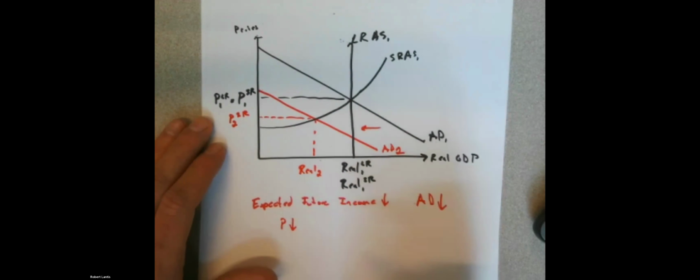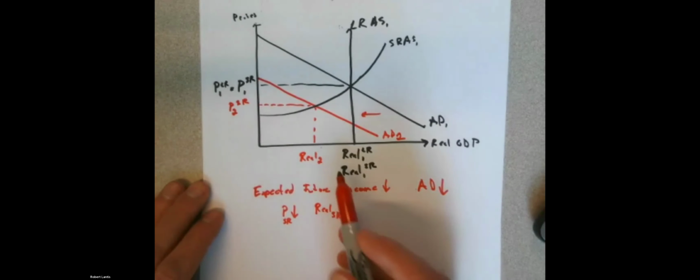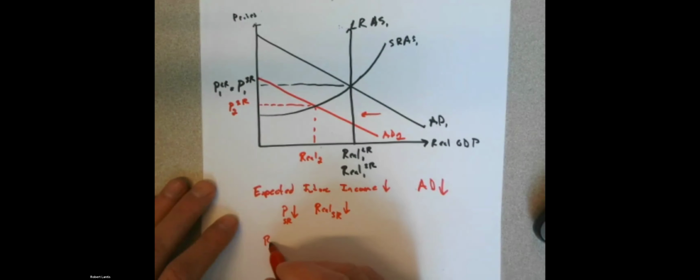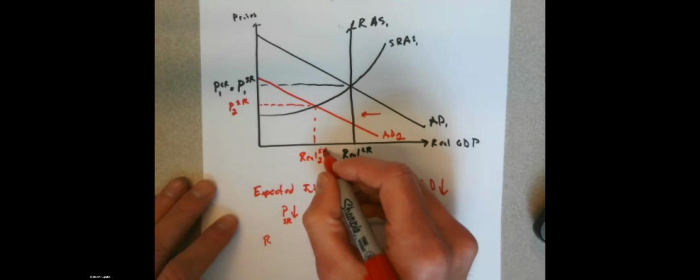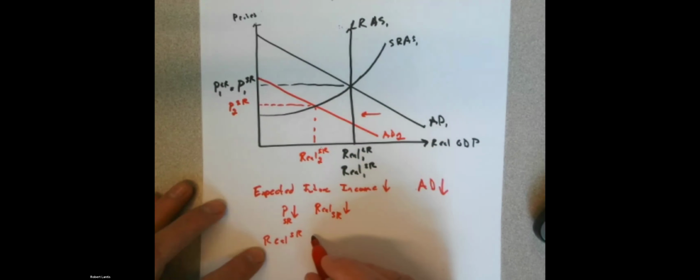I've seen that prices have gone down. My short run prices have decreased, and my short run real GDP has also decreased. Now I'll notice here, I should have put short run here. I'll notice that my new short run GDP is now less than my long run real GDP.